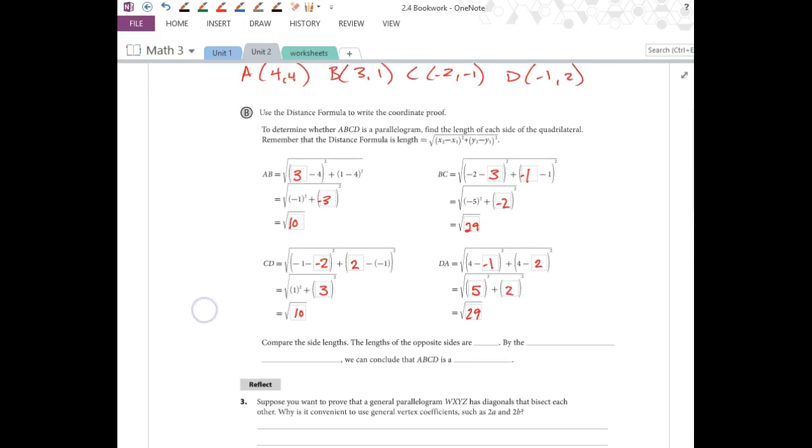So what's the statement that we can make? Compare the lengths, or the side lengths. The lengths of the opposite sides are congruent or equal, I would take. Congruent.